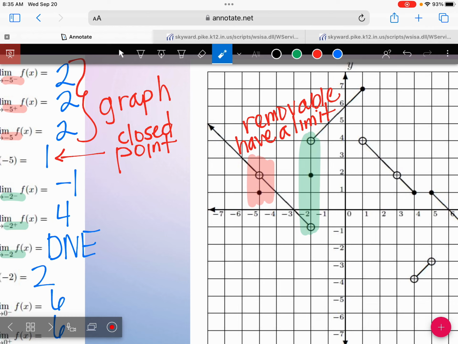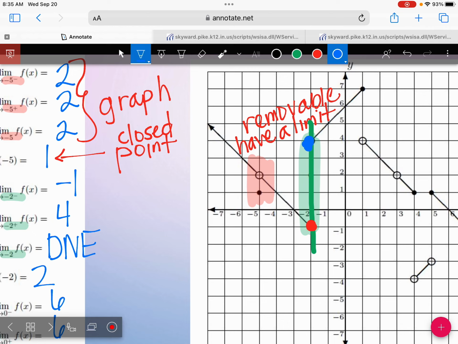For number 5, I'm looking at the graph. If I draw a line here, I'm asking, where does the graph touch my green line on the left? On the left side, it touches it here, and on the right side, it touches it here.